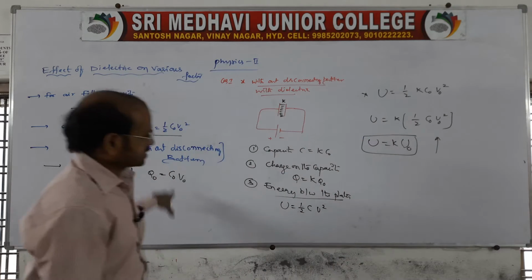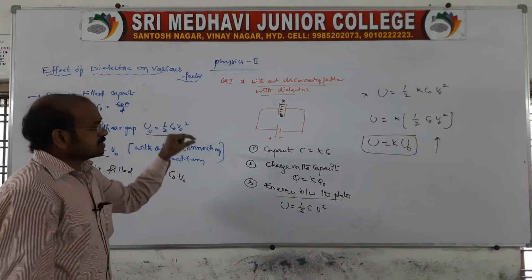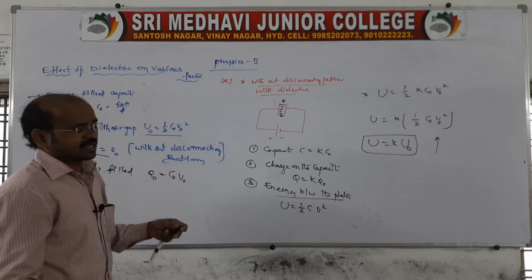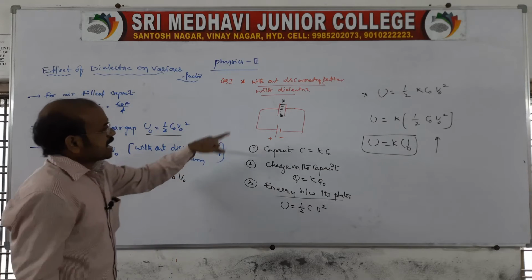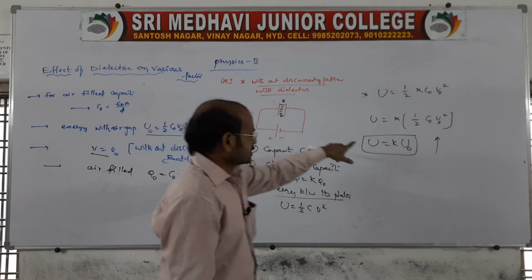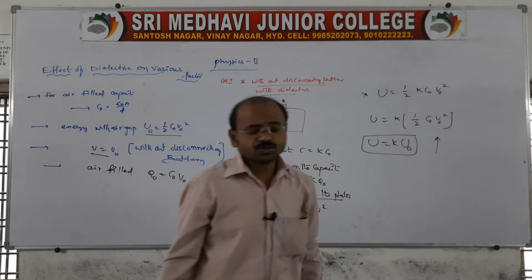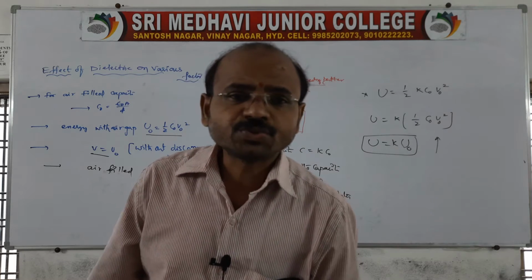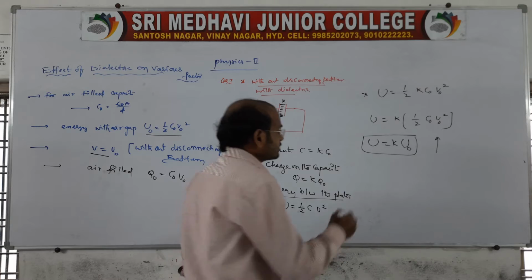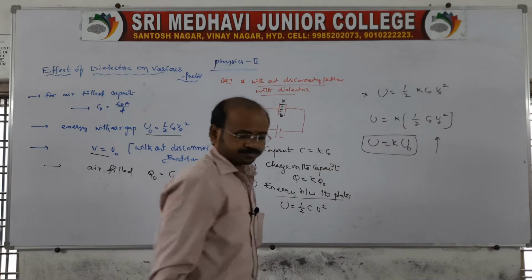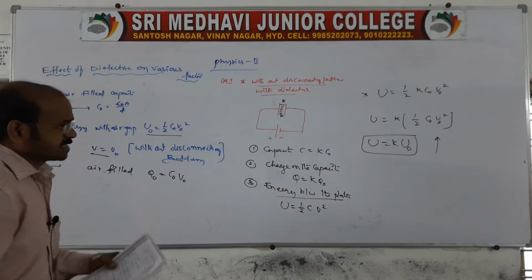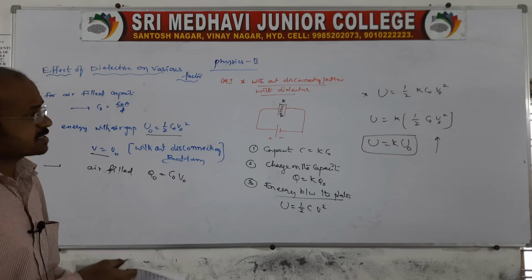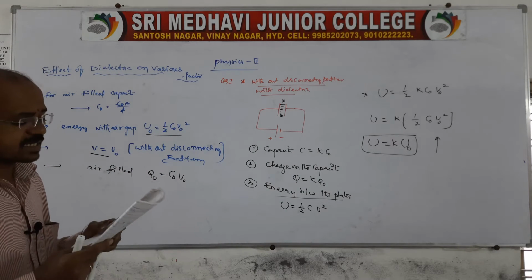These are very important factors for energy stored in the capacitor without disconnecting the battery when a dielectric is introduced. This is the first case, where the dielectric is present without disconnecting the battery.